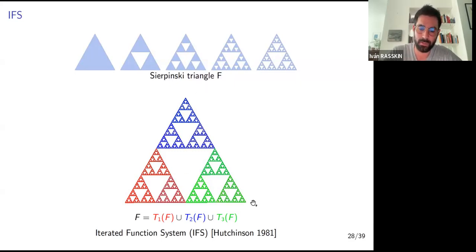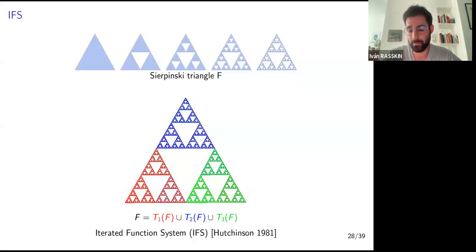For example, we can get the Sierpinski triangle from an IFS by starting from a triangle and defining three transformations, three homotheties that move this triangle to this triangle here. This is the first transformation. The second transformation moves this triangle to the second one. And the third transformation moves the initial triangle to the upper one. Repeating this process, we get this fractal in the end.